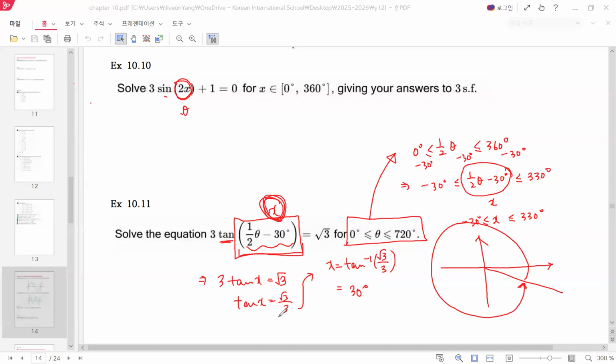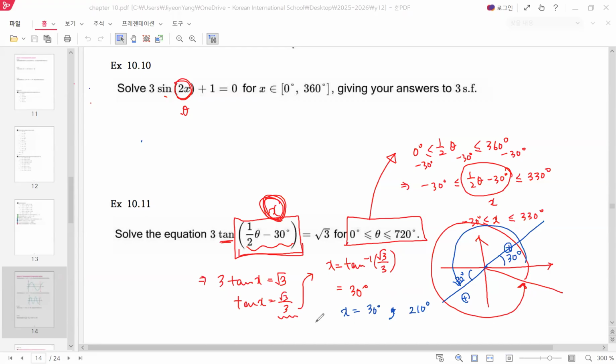Since the tangent value is positive, it is located in the first quadrant and the third quadrant. So this one is 30 degrees, simply. And this one 30 degrees, which is 180 plus 30. Therefore, x equals 30 or 210.